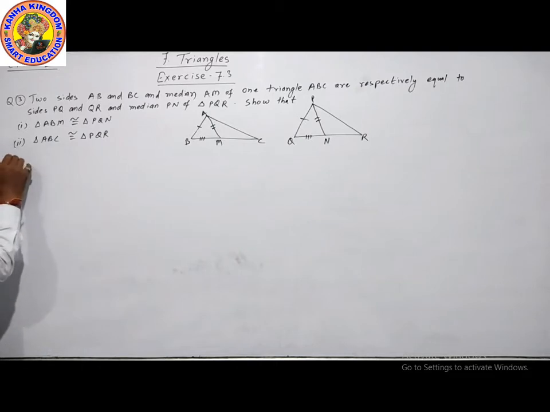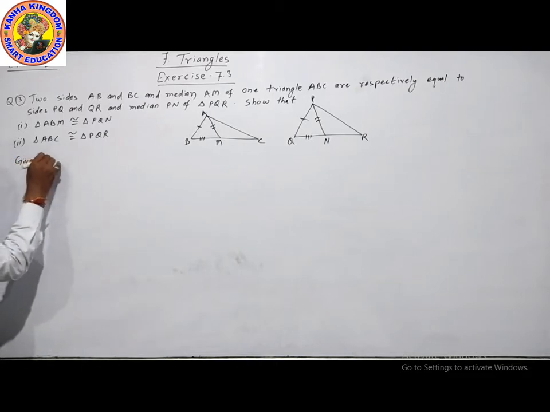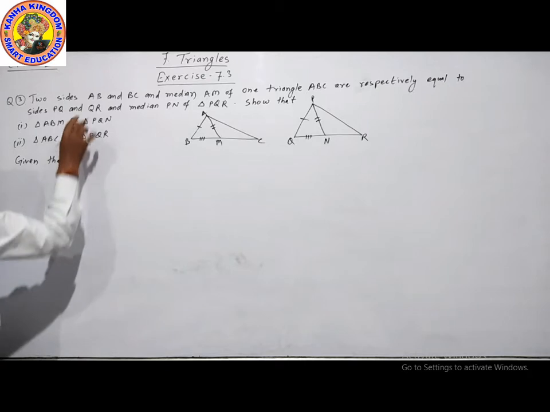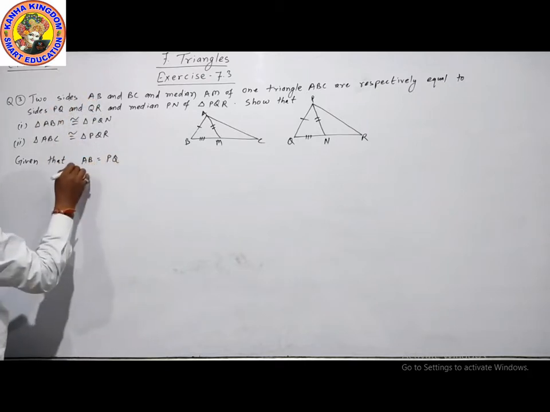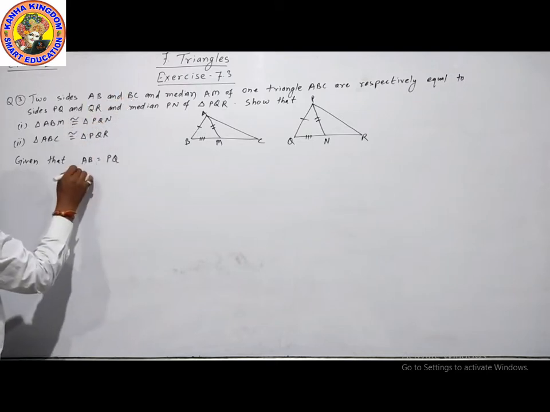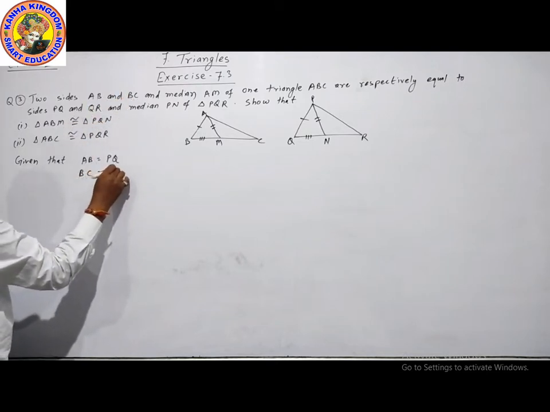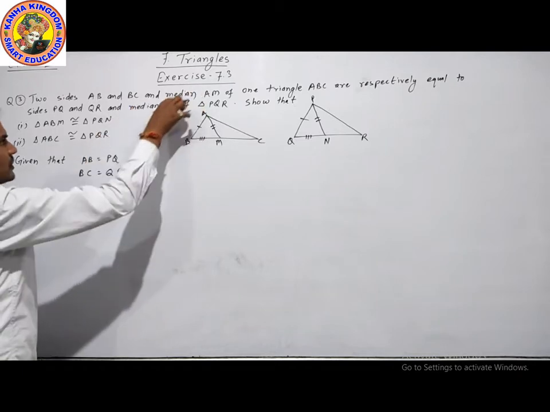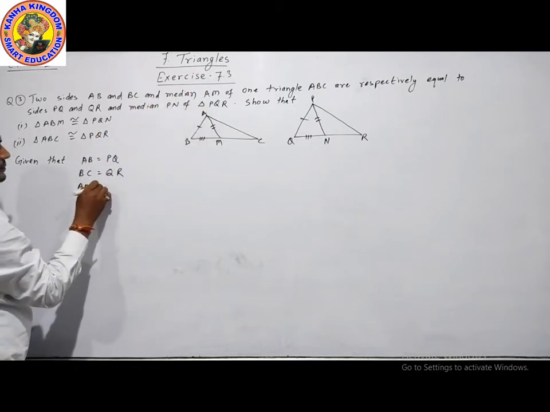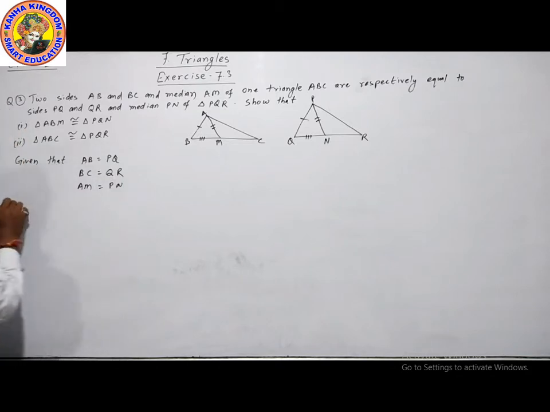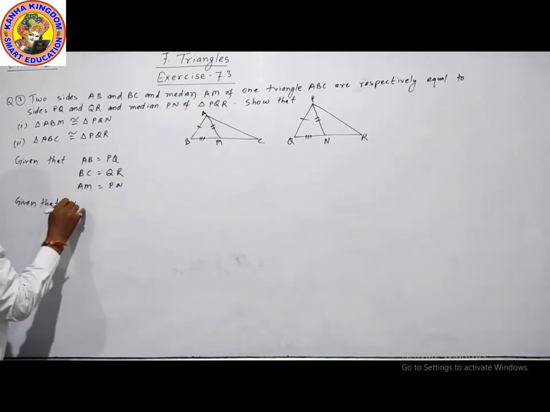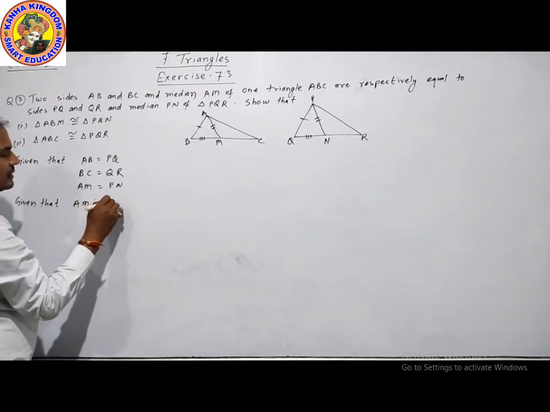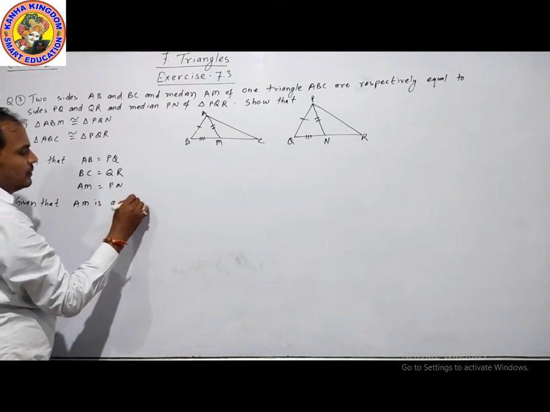First of all, given that AB is equal to PQ, now BC is equal to QR, now AM is equal to PN, given that median AM is a median.